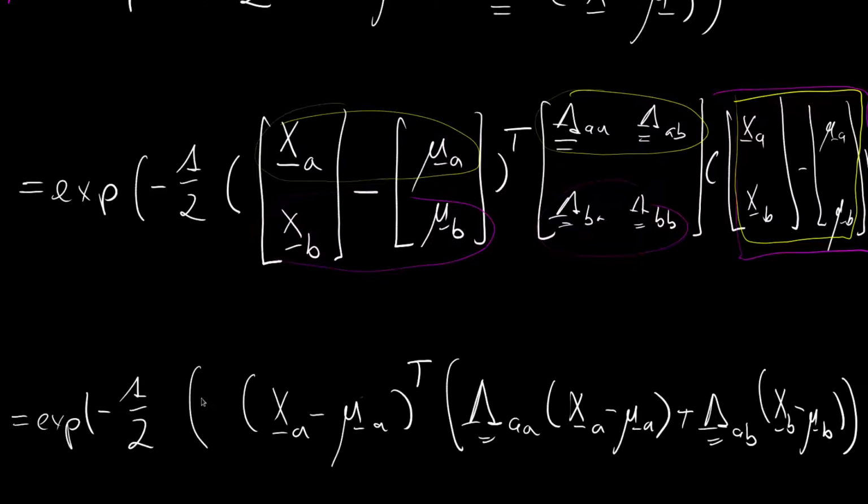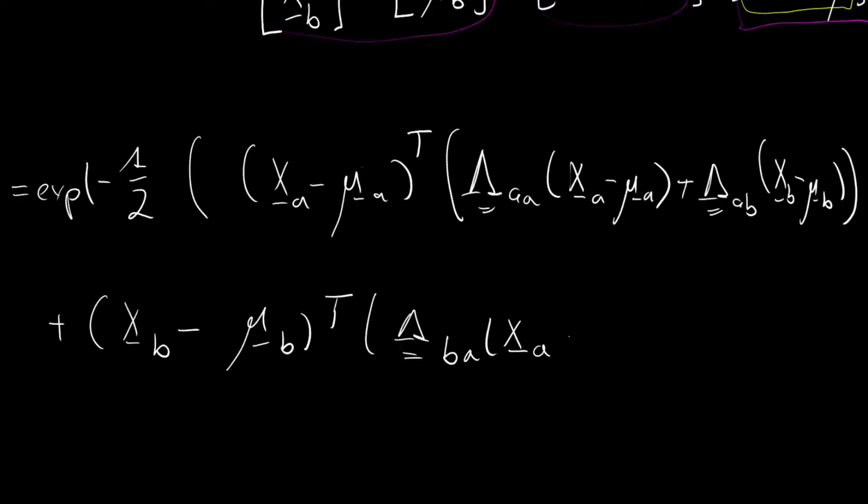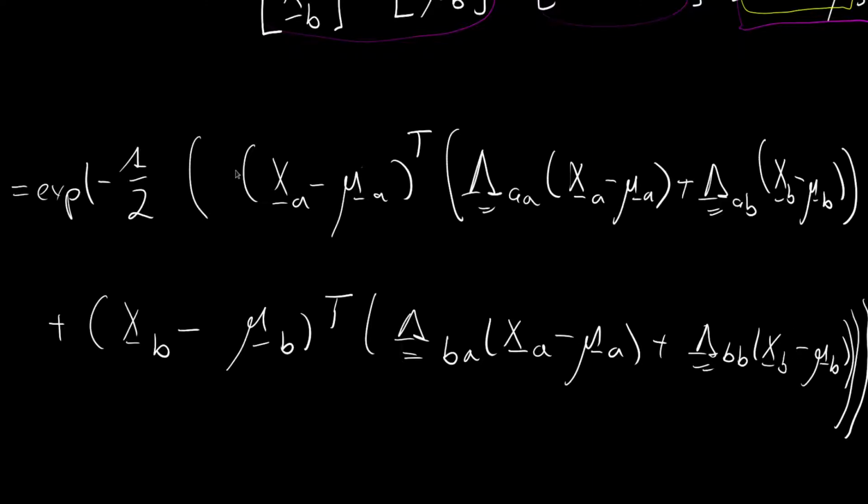So essentially we will be getting here an (xb minus mu b) in brackets transpose. Of course we have a plus here, that's because of the scalar product. And then we multiply it with lambda BA times (xa minus mu a) plus lambda BB times (xb minus mu b). Then close and close again and close once again for the exponential.